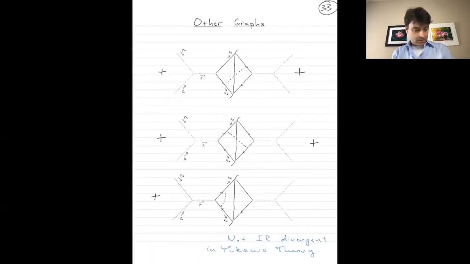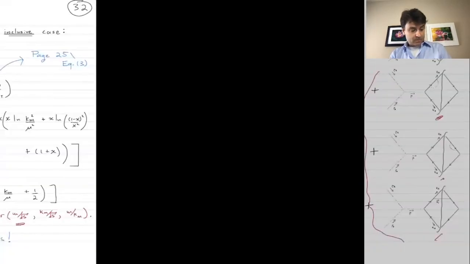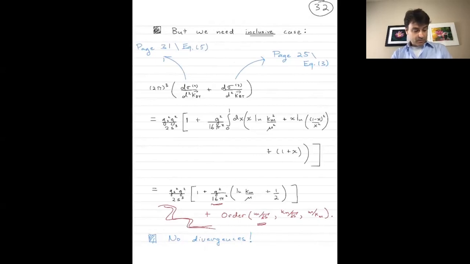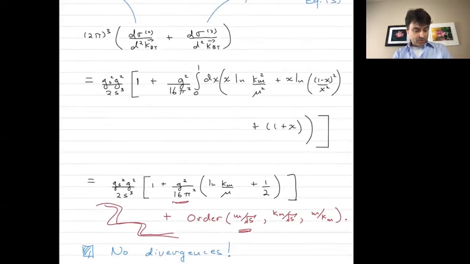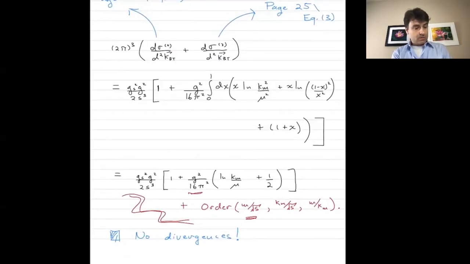The problem is, if I did that, remember that this expression was correct up to things that were suppressed by little m over km. Now, if I make km comparable to little m, then I have to start to account for these kinds of terms. Now I have an expression that depends on the details of little m.